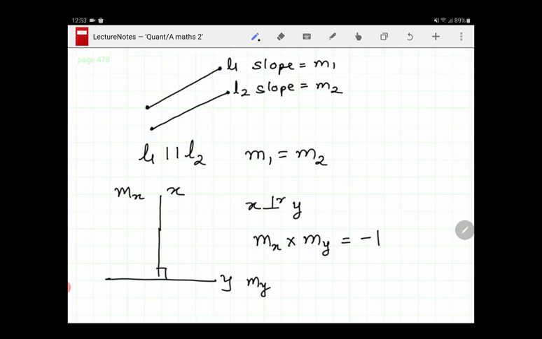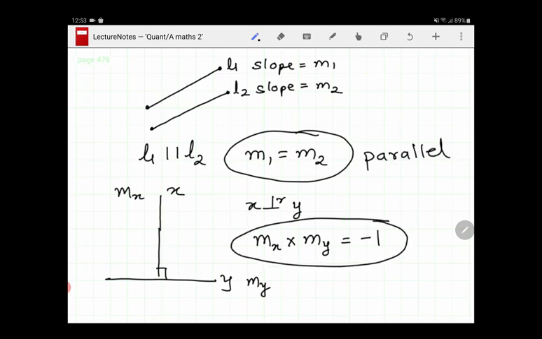So for two lines which are perpendicular to each other, the product of their slopes is -1. So if the slopes are the same, then these lines are parallel. If the product of the slopes is -1, then these lines are said to be perpendicular to each other.